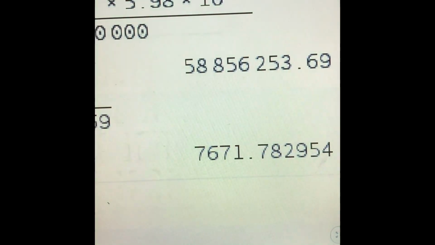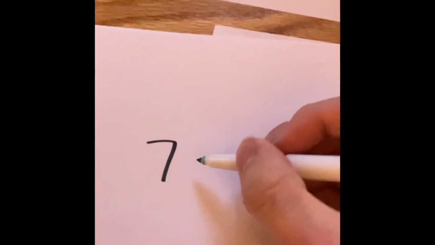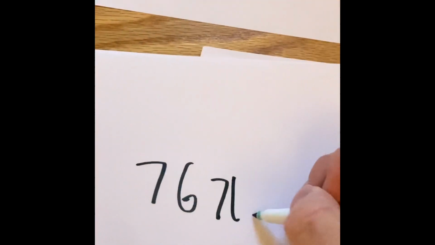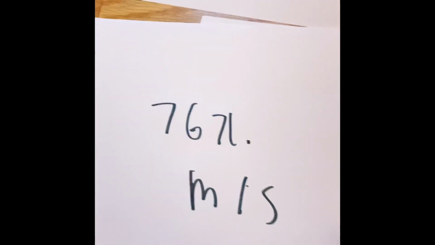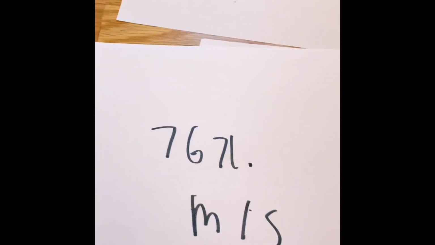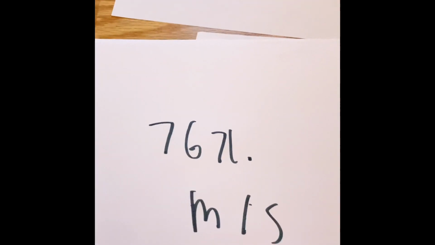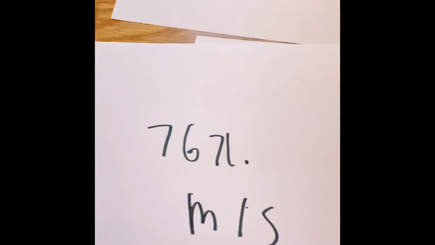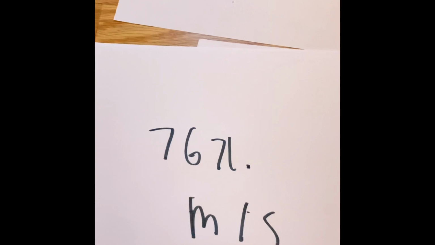When we do that, we get an answer of 7,671 meters per second. That is how fast the space station is orbiting Earth. That is very, very fast, and that is around how fast the ISS orbits the Earth: around 7,670 meters per second, if the space station was exactly at 400 kilometers above the surface of Earth.